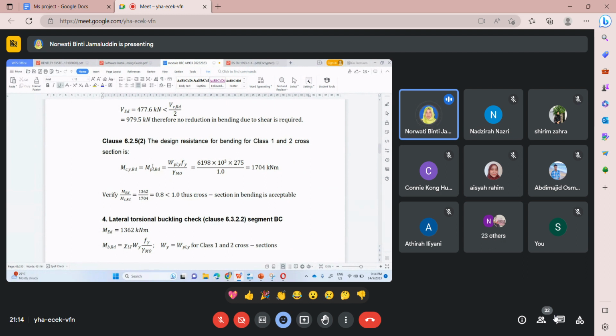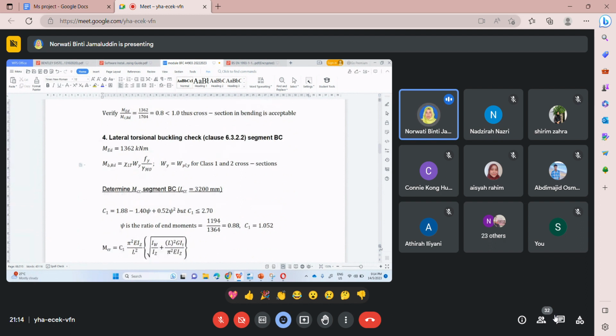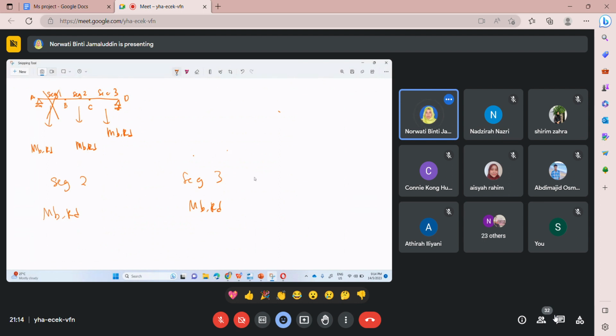On top of that, you have another additional checking, MBRD. So I'm going to focus on MBRD for today's lecture. So MBRD, you know that it is chi LT, WY, FY divided by gamma M naught, and chi LT, you can go through 6.3.2.2 or 6.3.2.3. This one is general case. This one is for rolled and equivalent welded section.